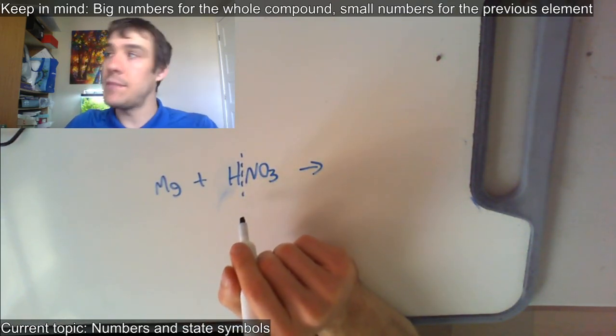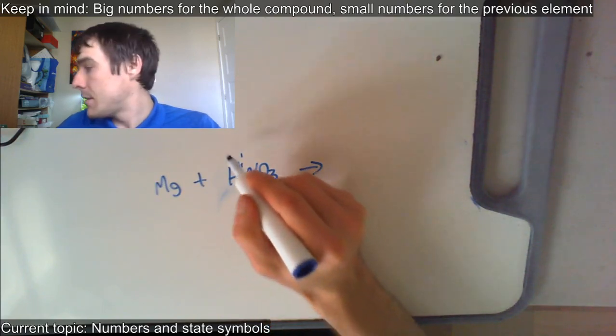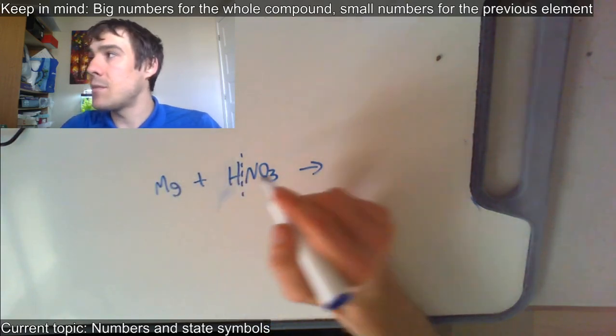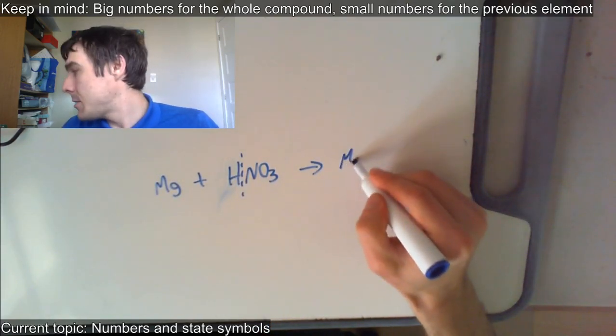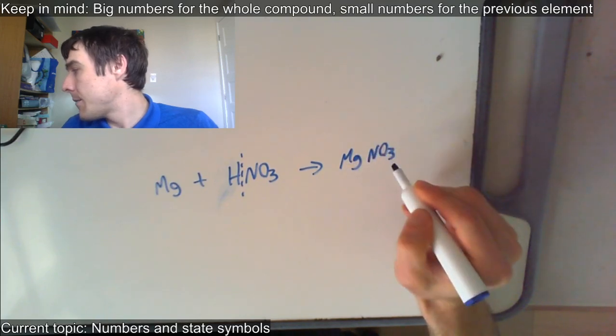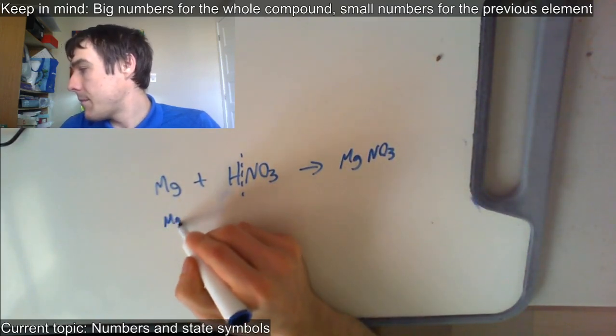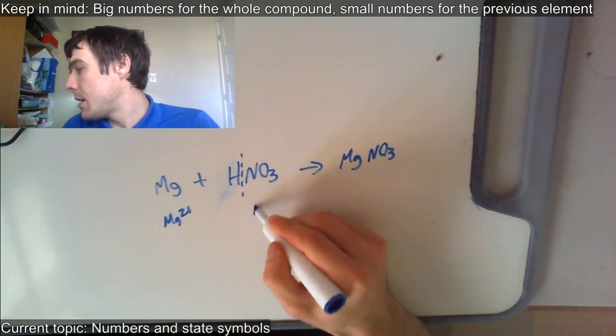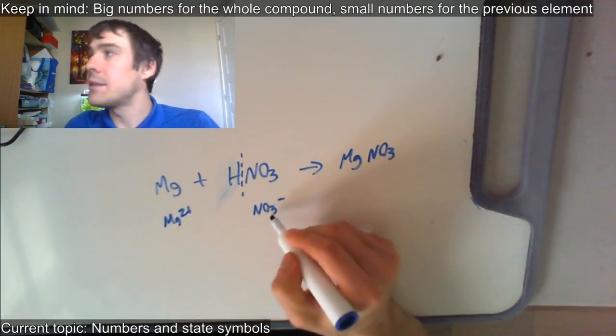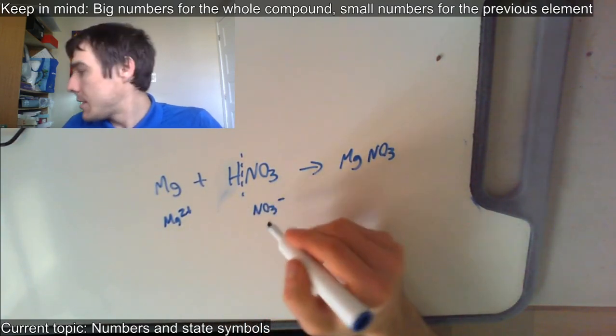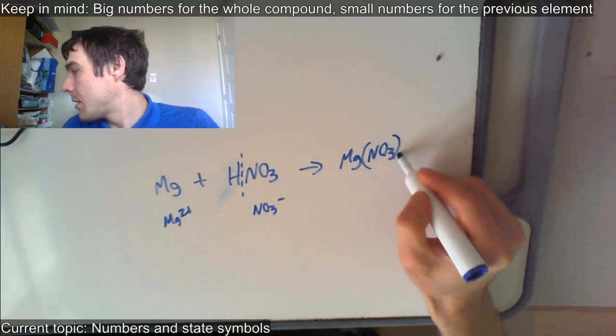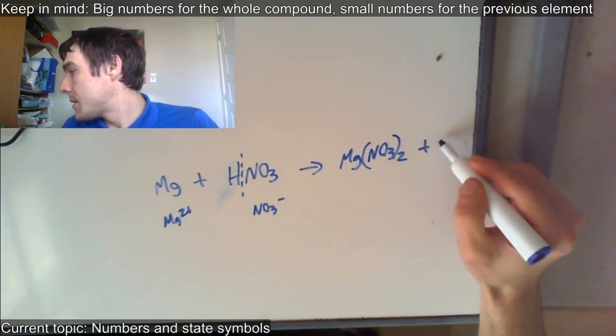It's called nitric acid, but you can call it hydrogen nitrate. So there's a positive and a positive. They're going to swap. We're going to end up with MgNO3, but magnesium is a 2 plus, and NO3 is a 1 minus. So we need 2 NO3s plus H.